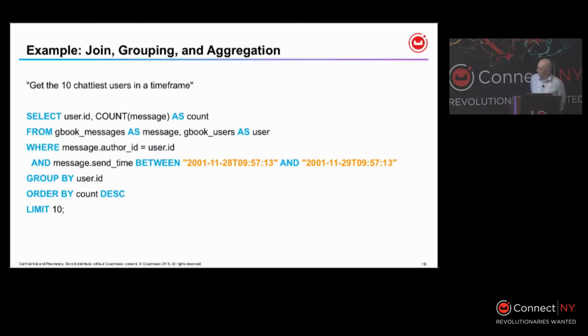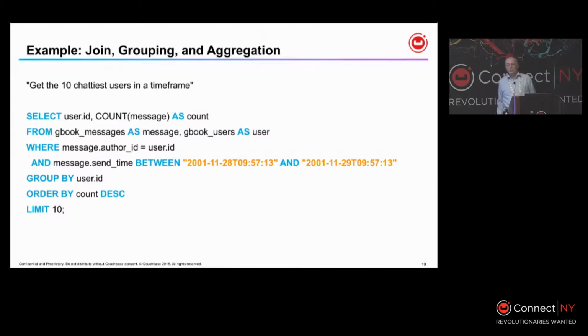It is an imaginary social network called Gleambook, and Gleambook has messages and users. We want to find out who the chattiest users are. So we get the user ID and the count of messages for each of those users, and we take that from the messages that we join with the users on the author ID.